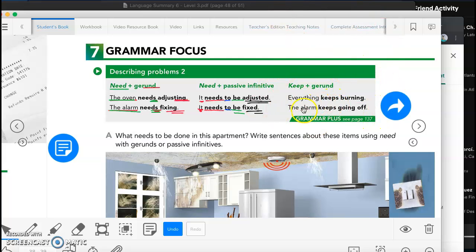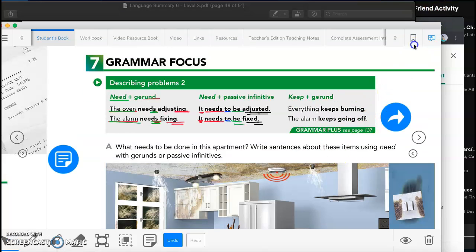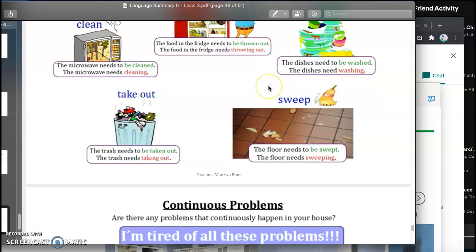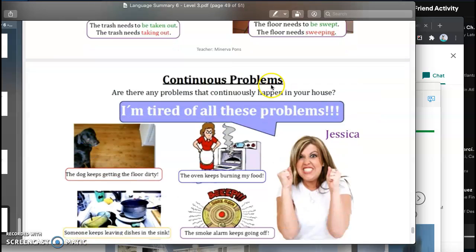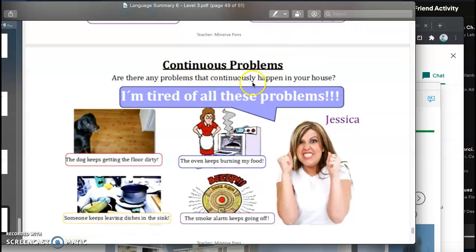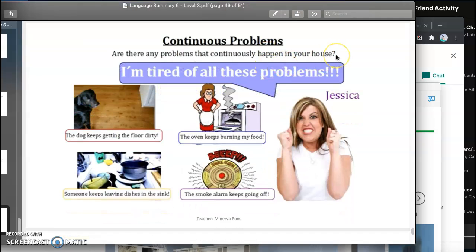If I say everything keeps burning, or the alarm keeps going off, it's because I have had this problem many times, and it keeps repeating. This is for continuous problems. Things that happen continuously in your house, for example.